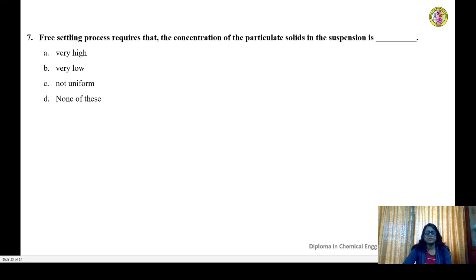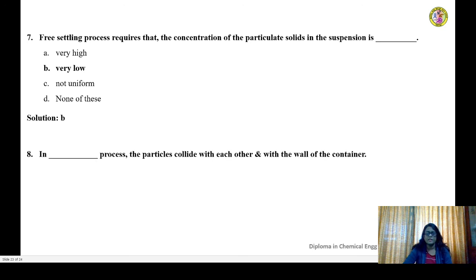So think about the question and the options and make the right choice. So I hope all of you guessed the right answer. It is option B. So if a free settling process is required, then you have to have a very low concentration of the particulate solids in the given suspension.